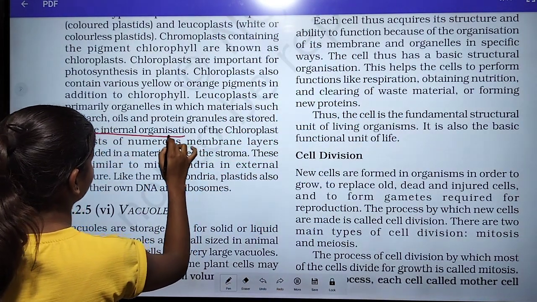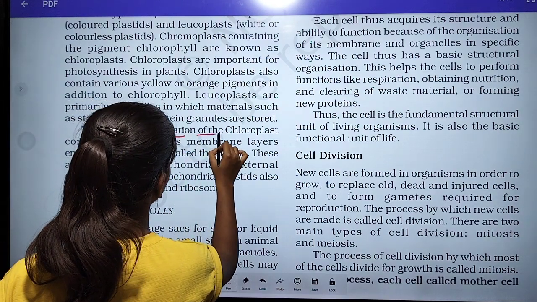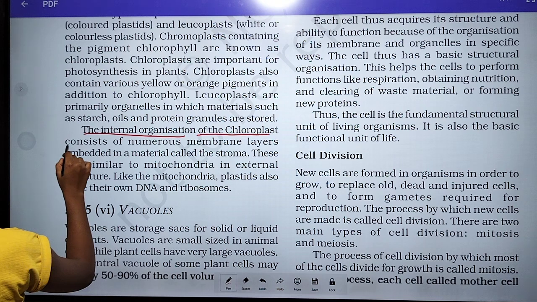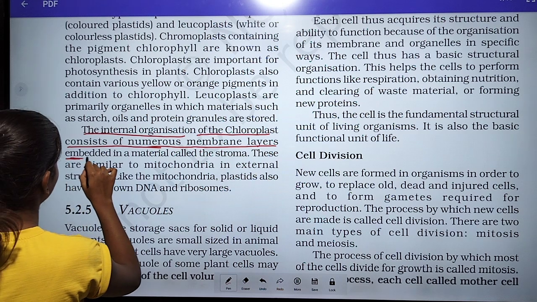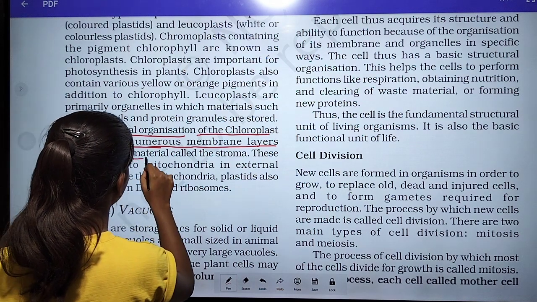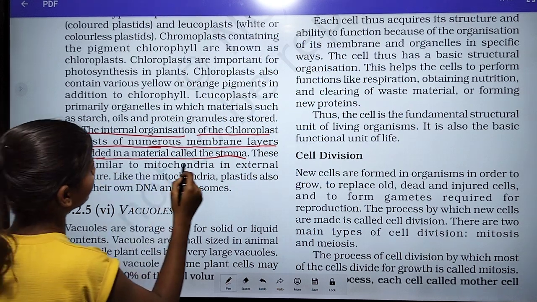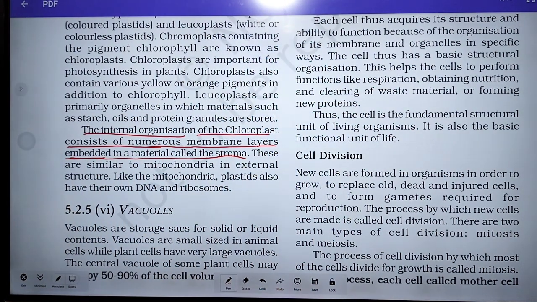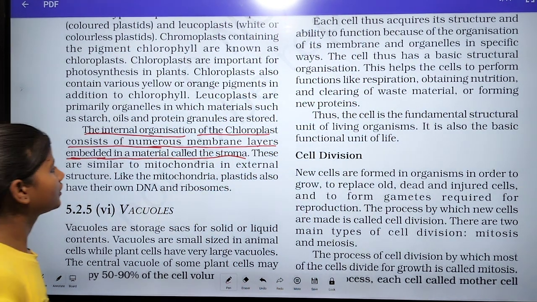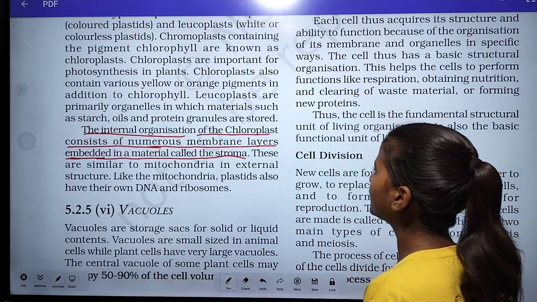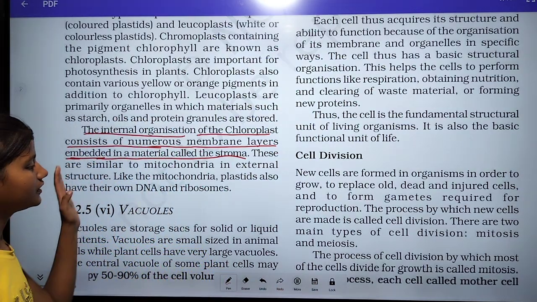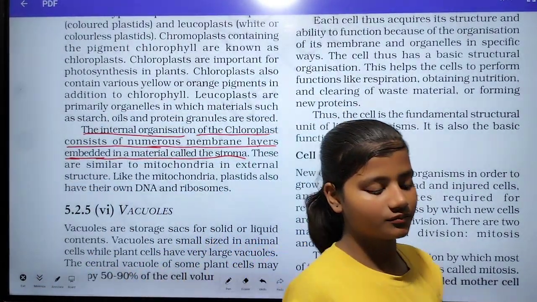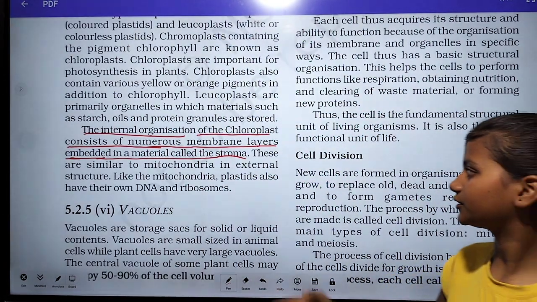The internal organization of the chloroplast consists of numerous membrane layers embedded in a fluid-like material called stroma.